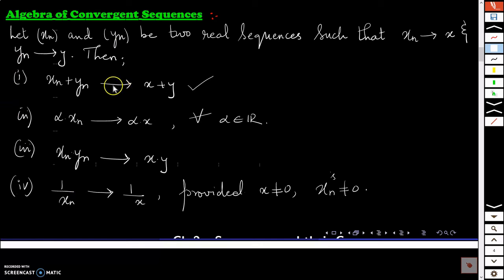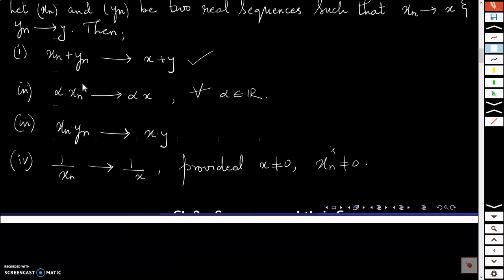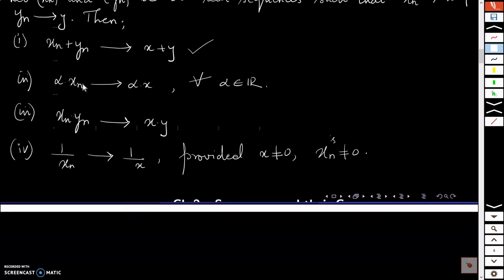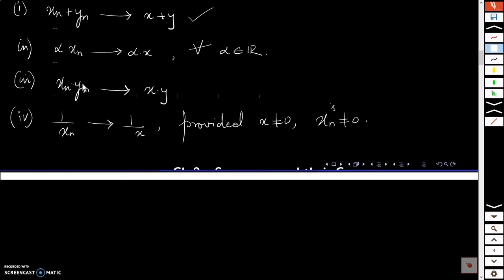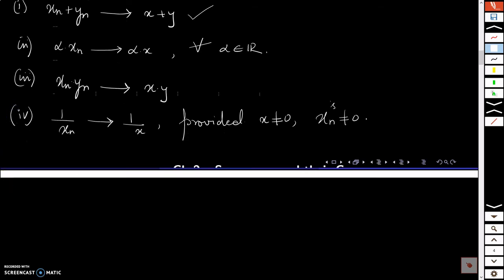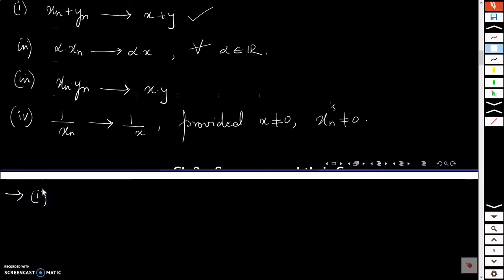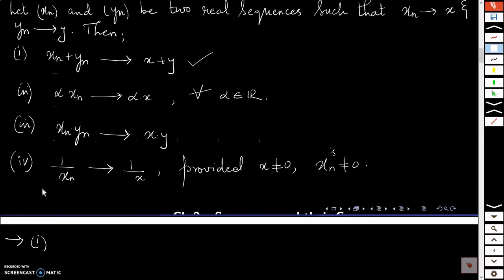Alright, so let's look at the first one. We are given that xn converges to x and yn converges to y, right? So the proof goes this way. The first one, we are given that xn converges to x, yn converges to y, and we have to prove that xn plus yn converges to x plus y.